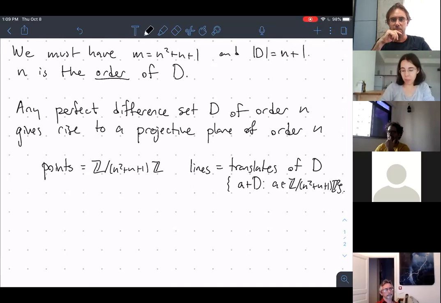So in addition to being of interest in additive number theory for being Sidon sets, perfect difference sets are also of great interest in finite geometry, design theory, and coding theory.